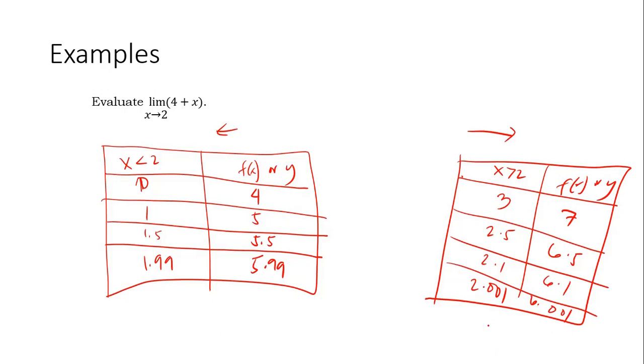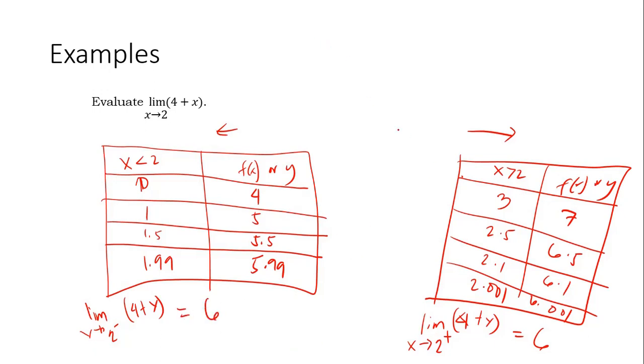So it approaches, we have the limit of 4 plus x as x approaches 2 from the right is equal to what? 6. For the left, we have the limit of 4 plus x as x approaches 2 from the left, minus for left and plus for right, is equal to 6.